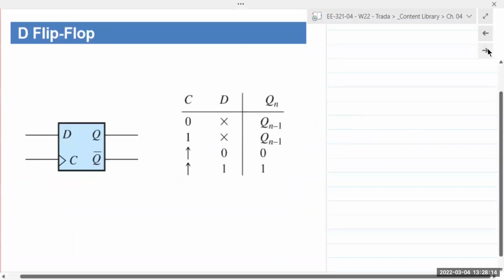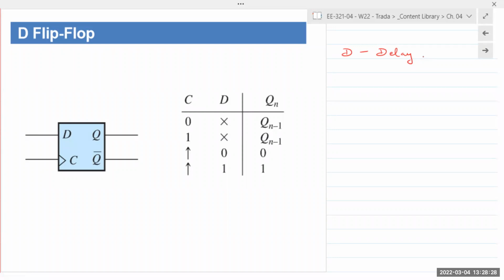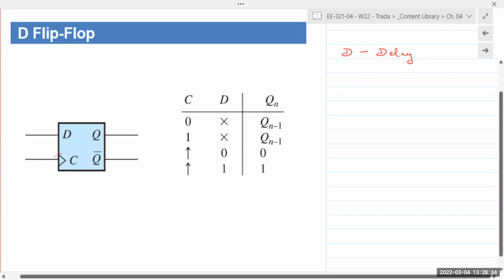And so from there, we talk about a flip-flop known as the D flip-flop. The D stands for delay. And delay because it is synchronized with the rising edge of the clock. And the edge is noted by this symbol.